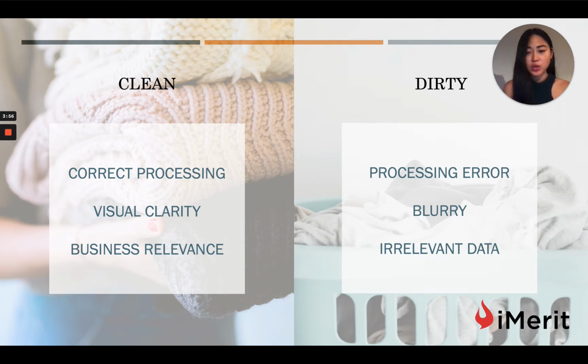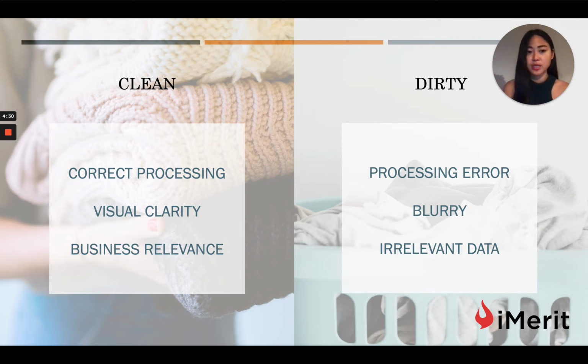If you're trying to create an algorithm that keeps pedestrians safe when crossing the road, you want to have a lot of images that are specific to humans crossing roads, not of the curb or vegetation or areas where there isn't high foot traffic for pedestrians. So it's really important to make sure that your data has business relevance.